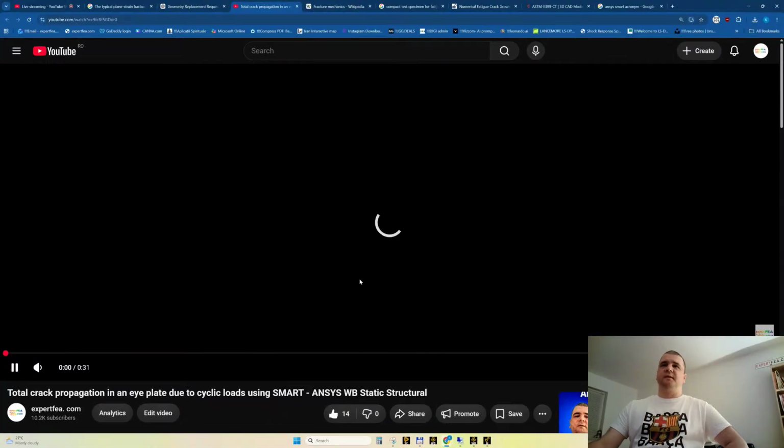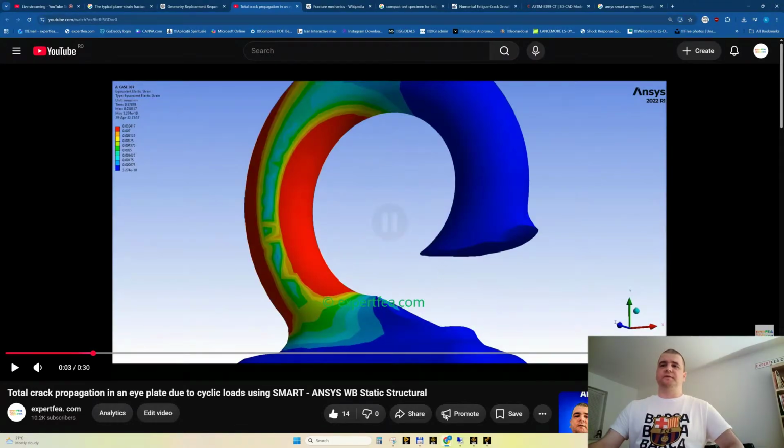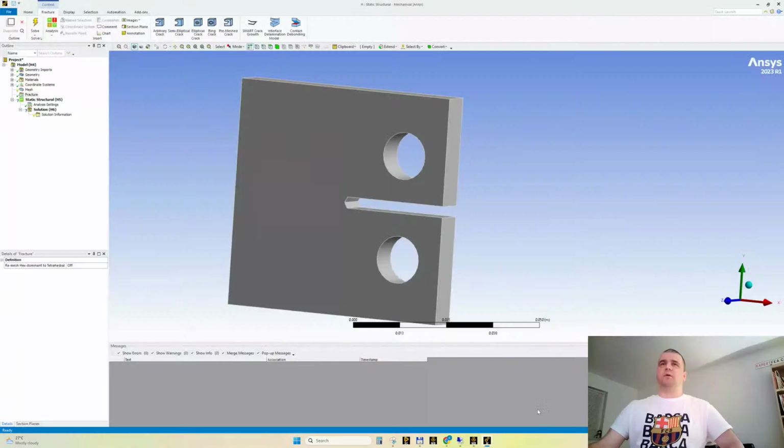What you see here is an application of pre-meshed crack and smart crack growth, these ones. And this is what we will do today.